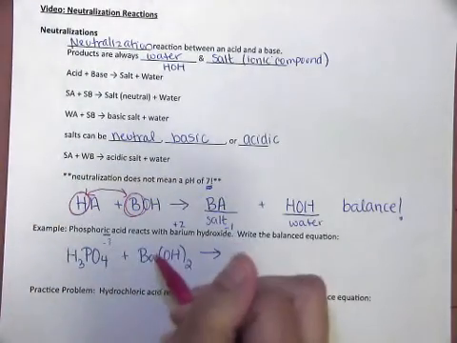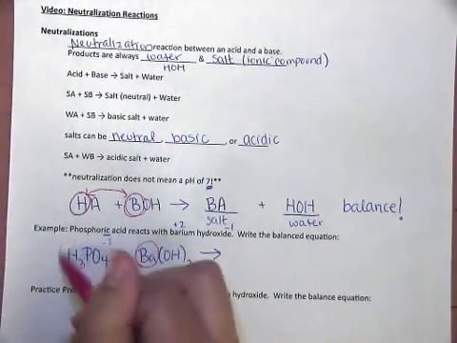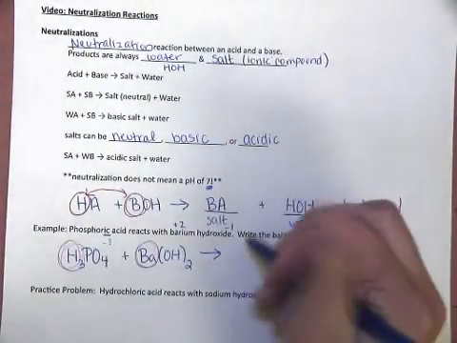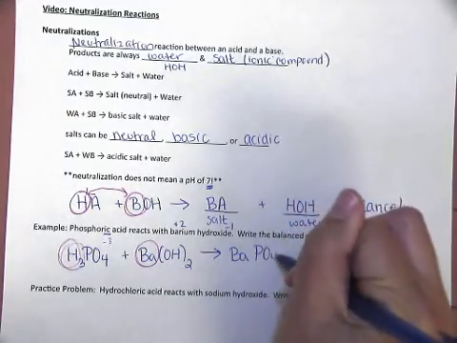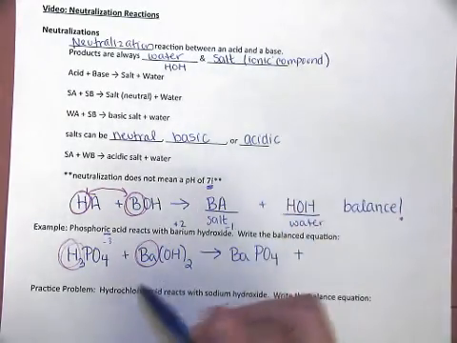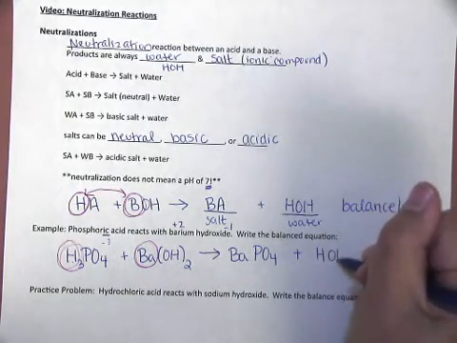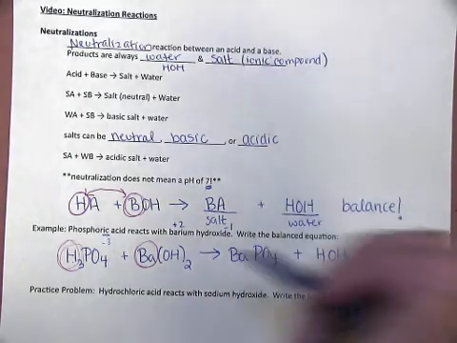I know that one of my products is going to be water, and I need to know what my other one is. So again, the front half of my base switches places with my hydrogen. So I have BaPO4 plus, then my hydrogen comes here. Remember, I just write my elements first. Now I go and I look at the charges.